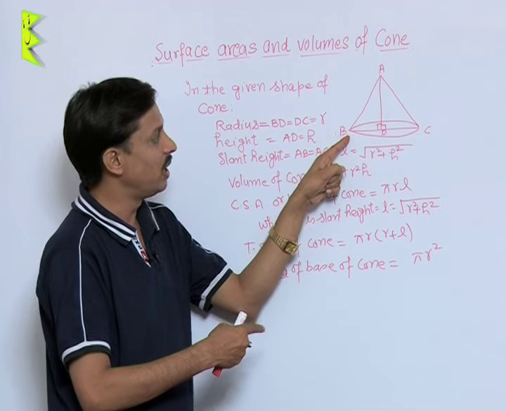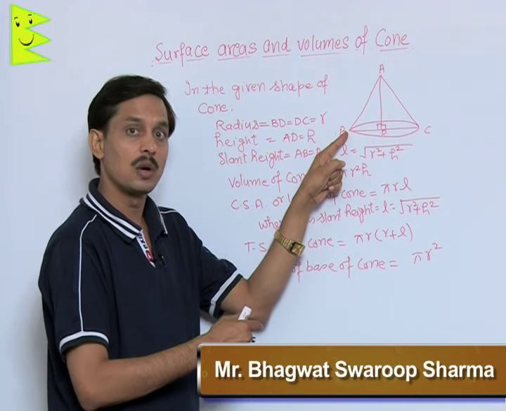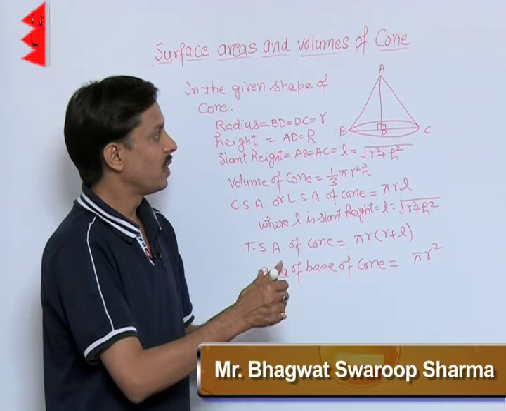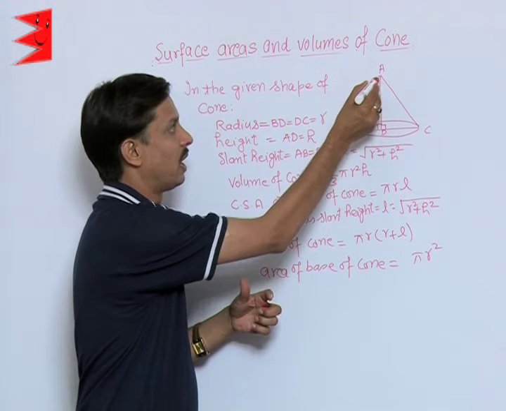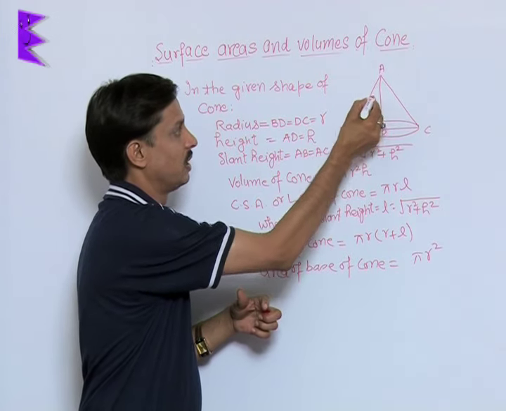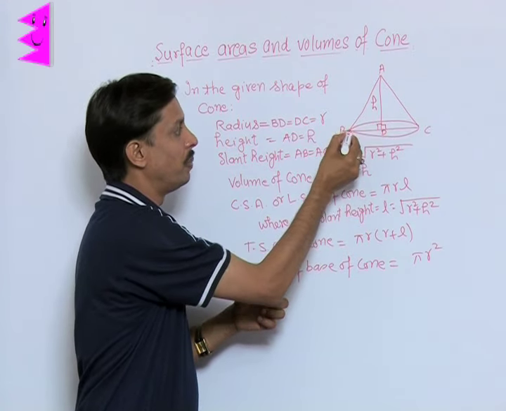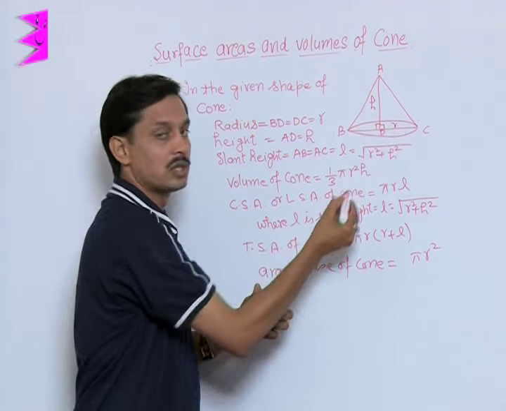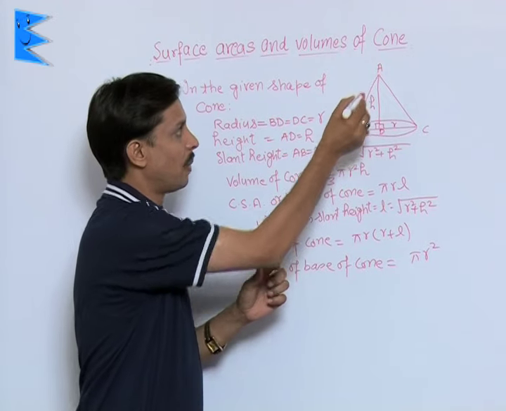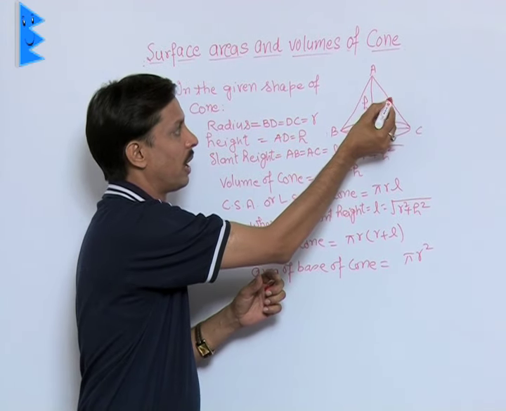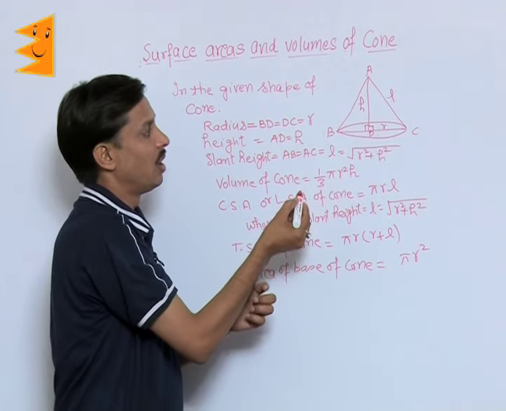This, as I am indicating, is a cone. Here you can observe this part AD. This is the height of the cone. The part DC or BD is the radius of the base. The part AC is known as the slant height.